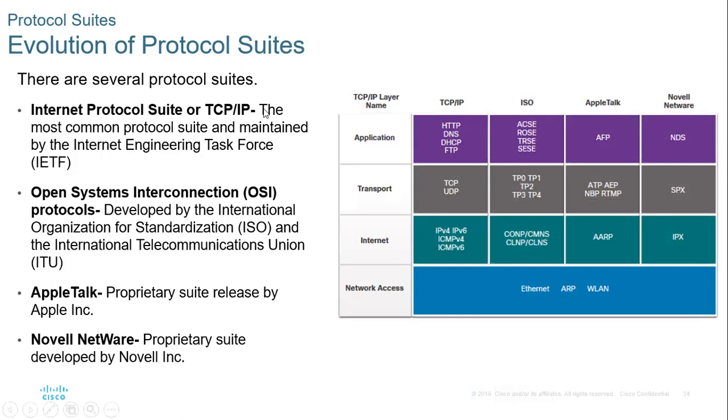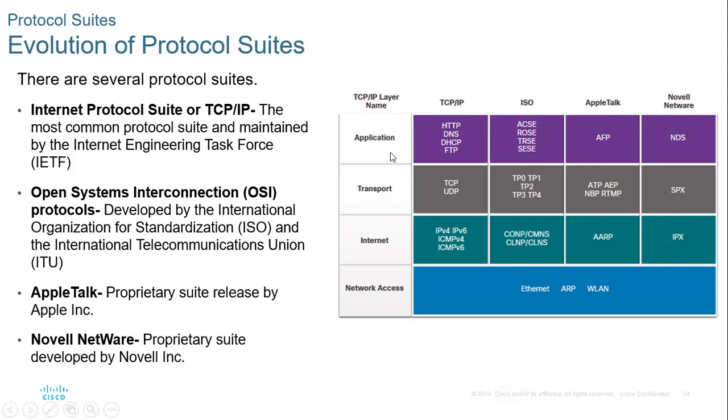TCP/IP is the most common protocol suite, maintained by the Internet Engineering Task Force, IETF. OSI was developed by the International Organization for Standardization, ISO, and the International Telecommunications Union, ITU. AppleTalk is a proprietary suite released by Apple Inc. Novell NetWare is a proprietary suite developed by Novell Inc.